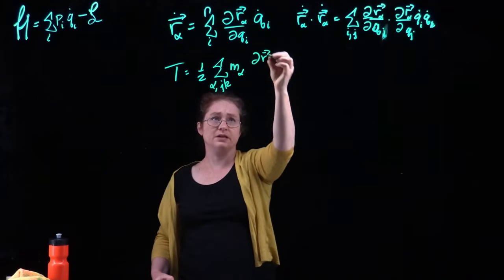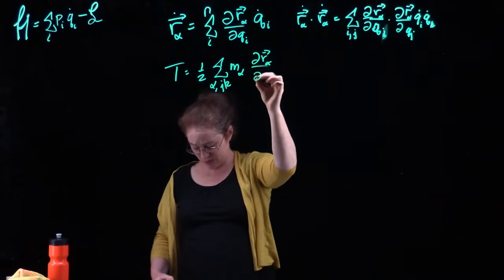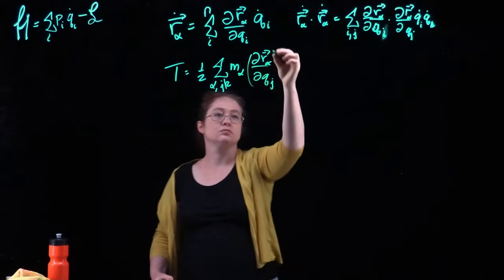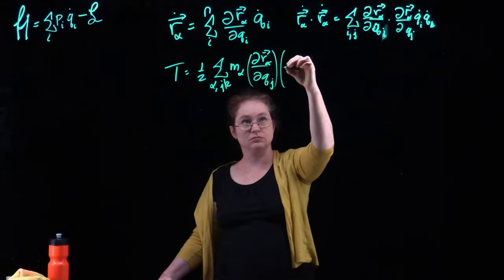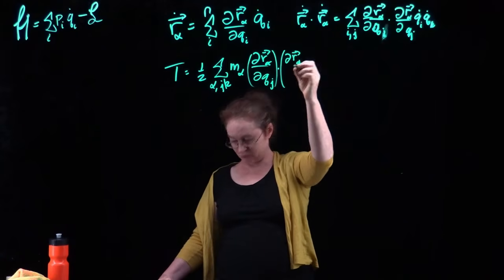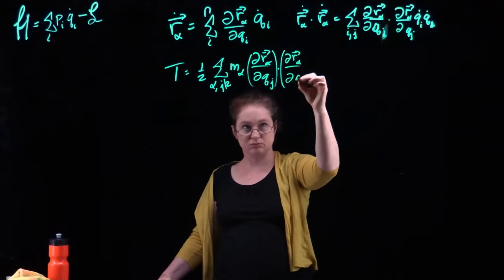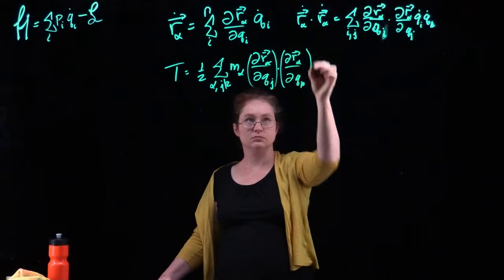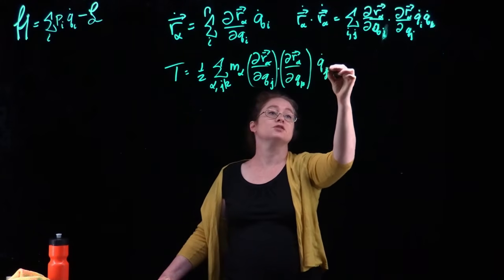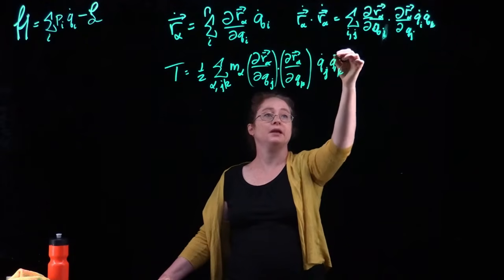It's an arbitrary index, so it doesn't really matter. That's a j, and that's a k.